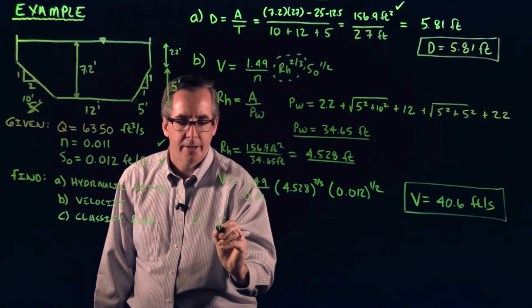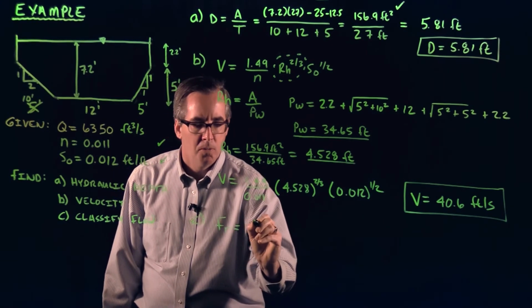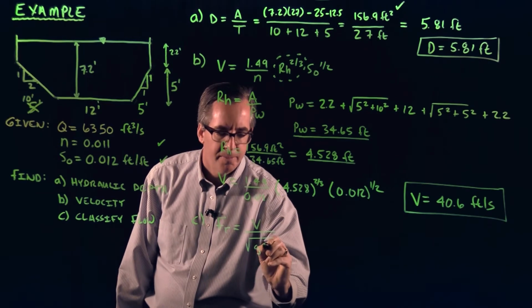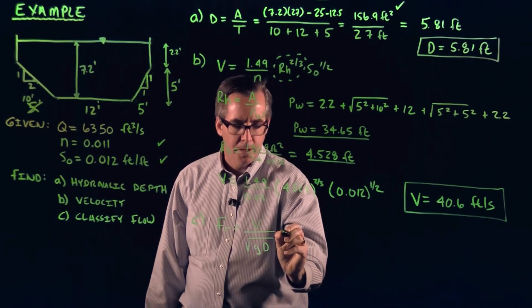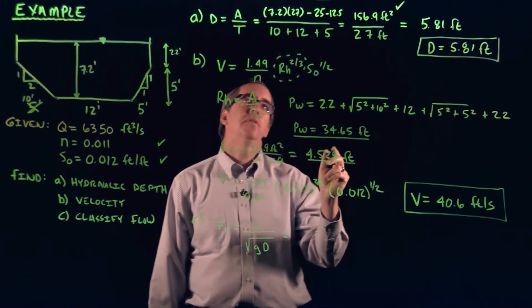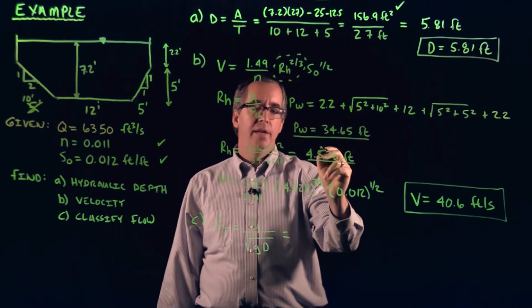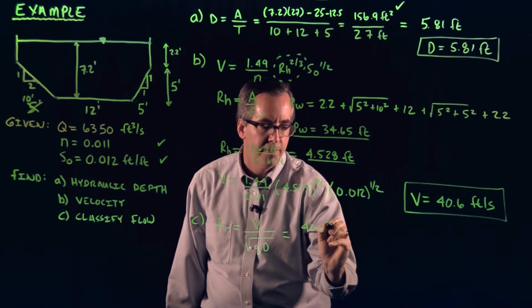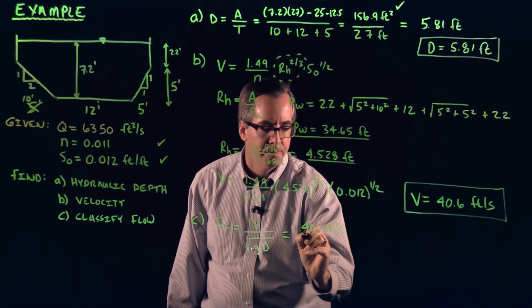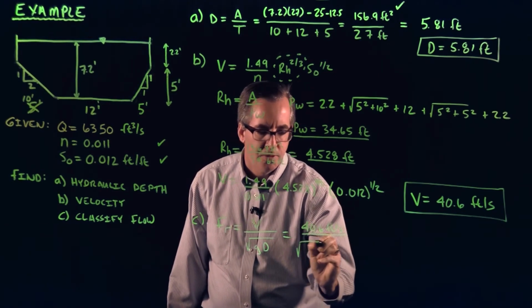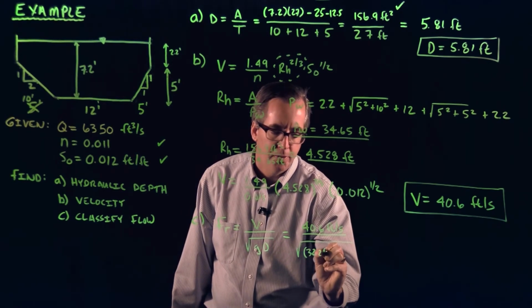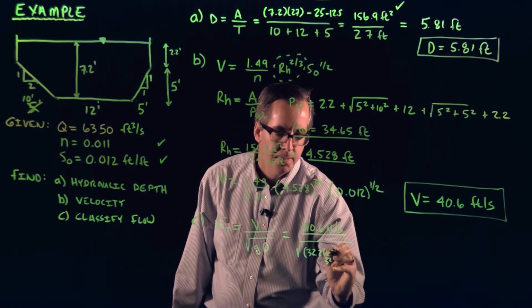We do that by calculating the Froude number, which is the velocity divided by the square root of g times the hydraulic depth. We have all the terms we need to do this. We have the velocity right here of 40.6 feet per second. For g, we know that g in English units is 32.2 feet per second squared.